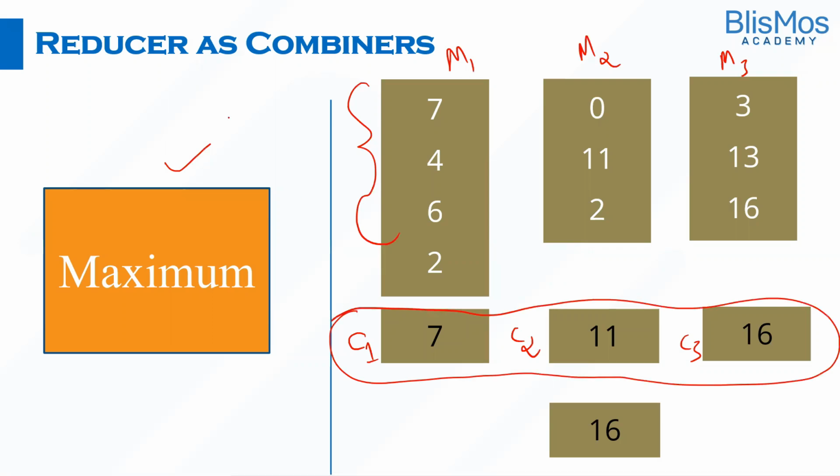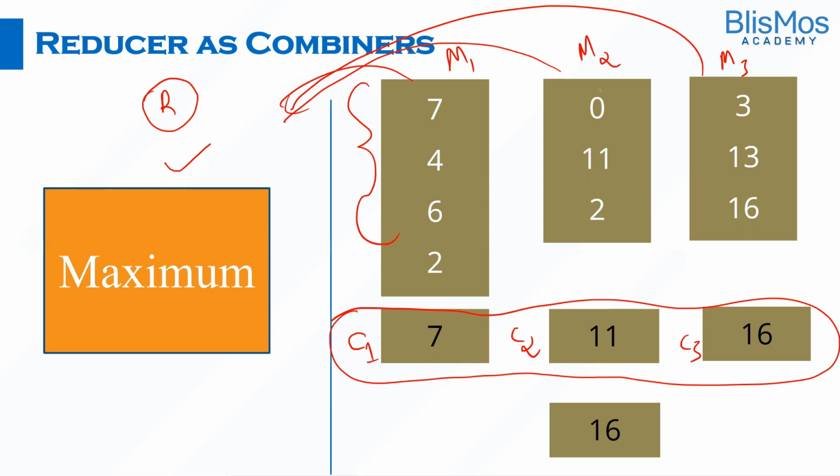In that case, the reducer takes the input of all these and finds the maximum. You can see 7 is the maximum coming here, 11 is the maximum coming here, 16 is the maximum. So 16 is the maximum if all the results of the mappers are directly sent to the reducer. Let us introduce the combiners here.